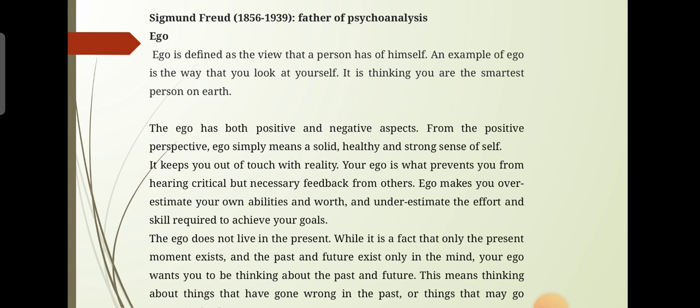And the next topic is regarding the ego state. Before getting into that, ego state is defined as a view that a person has of himself. The ego state is a concept that comes from transactional analysis, which is a psychological theory and therapy approach. It refers to different sets of thoughts, feelings, and behavior that a person experiences within themselves.